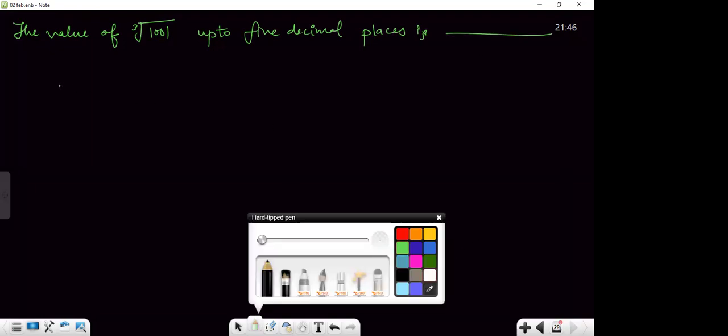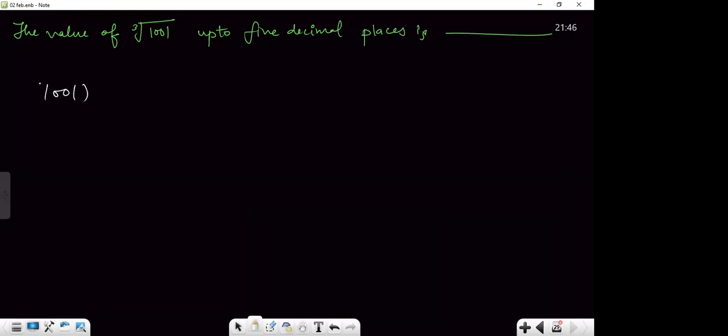What we'll do simply, we'll break down 1001, its cube root. So 1000 plus 1. Or I should better write it 1 plus 1000, as you have learned it.